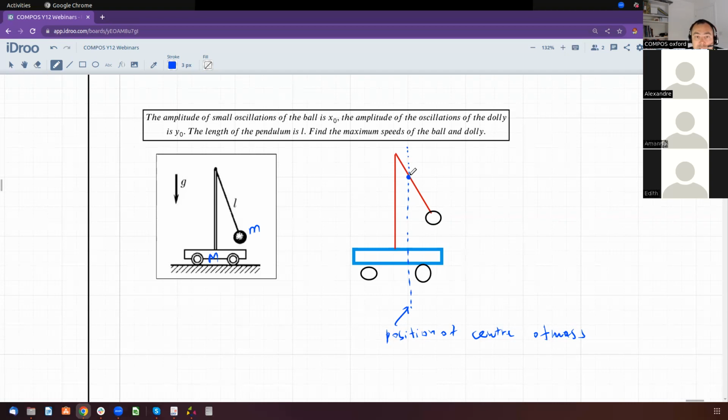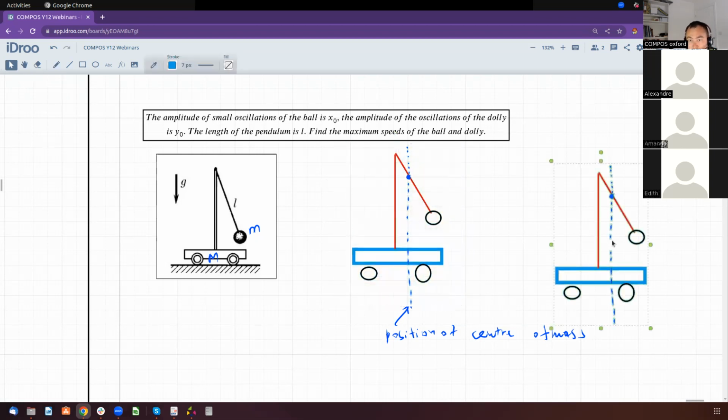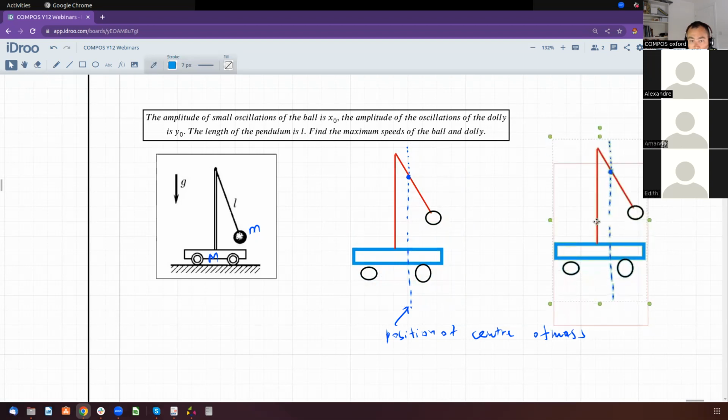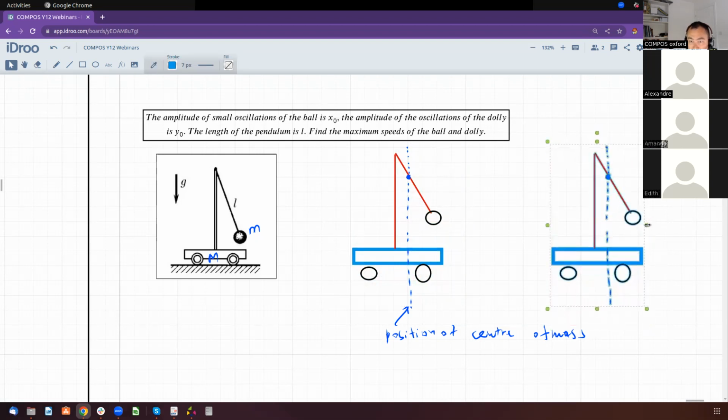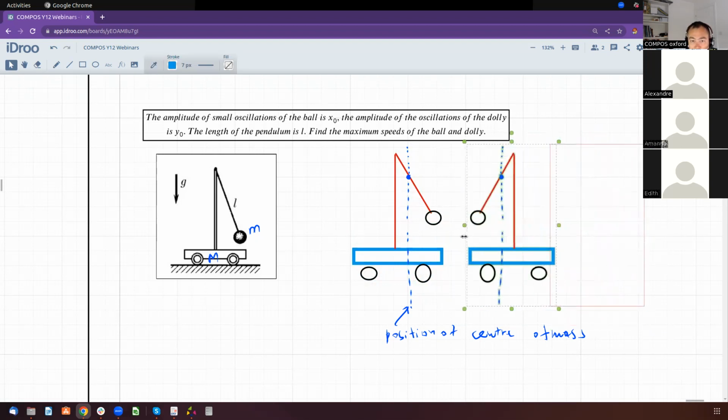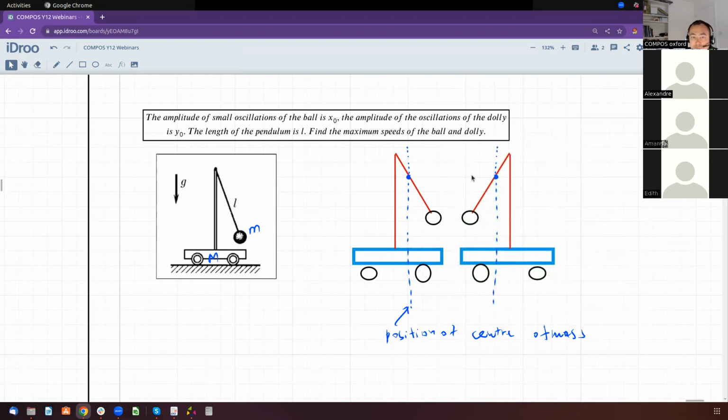Okay. And when it shifts, it goes like this.